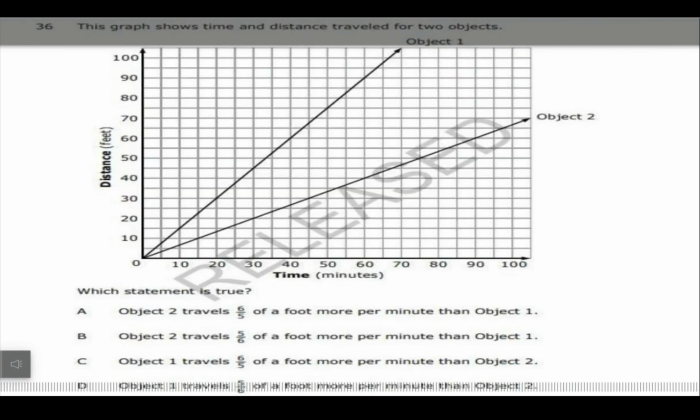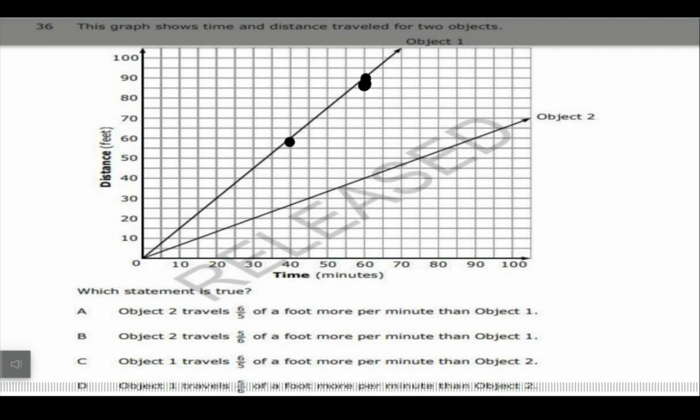All right, so this is 36. It says this graph shows the time and distance traveled for 2 objects. Which statement is true? Looking at the graph, I want to figure out where they meet. For object 1, here's one that I can see that it crosses perfectly.